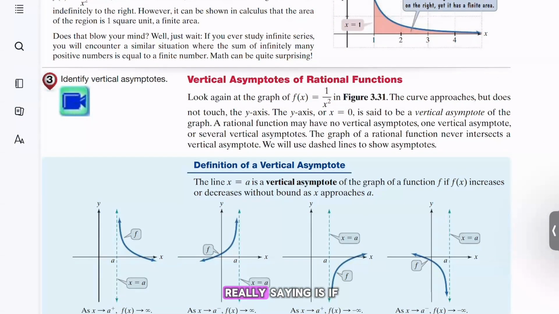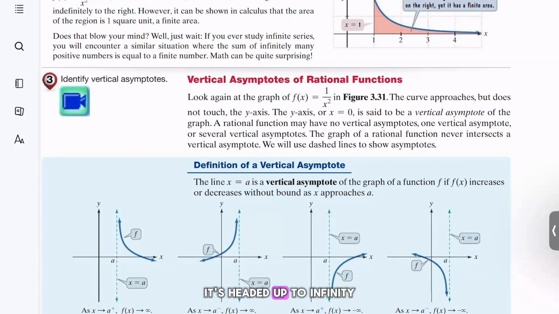But all it's really saying is, let's see if I can trace. Okay, it says here as X approaches A, and you see the line A, and I'm looking at the first graph in the bottom corner. If you take your finger and go across, where is the graph going?